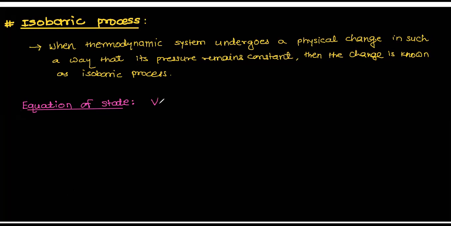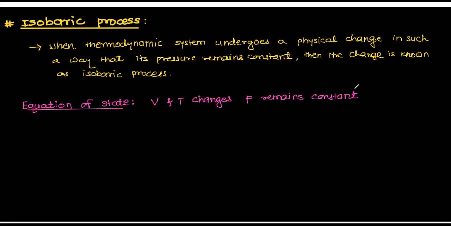So here, volume and temperature change, V and T change, but P remains constant. Yes or not? Already we have learned these thermodynamic variables: pressure, volume, temperature.